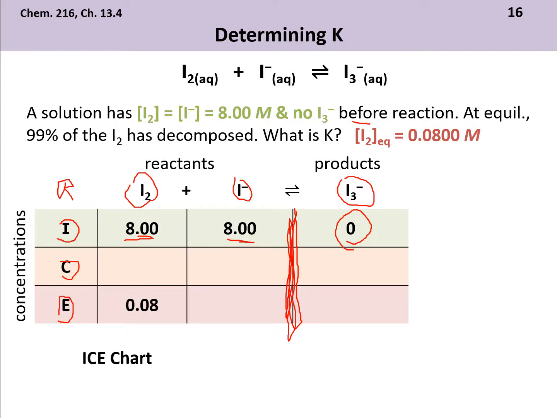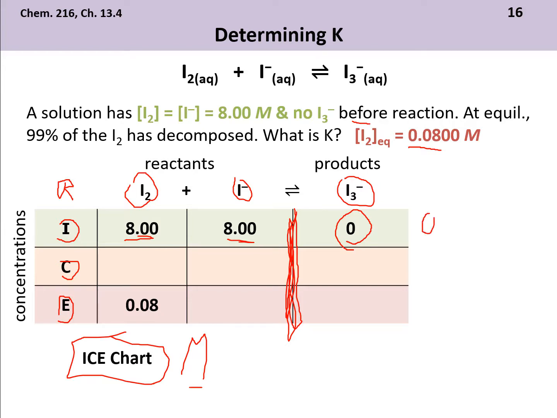We have here, based on the last step, that 0.08 molar is at the end. So this is the ICE chart. We start off with what we know. By the way, in ICE charts, we always use molarity, at least through this part. Eventually, we can use moles or molarity, but for right now, we are going to use molarity. All right, so I start off with my initial.